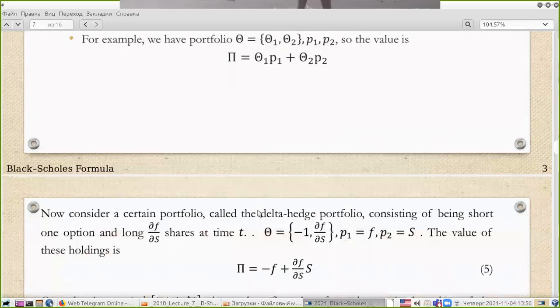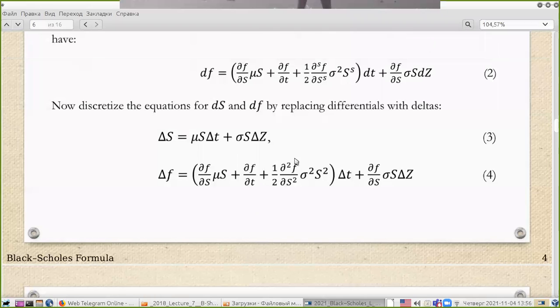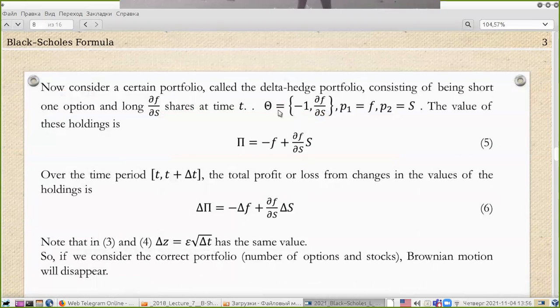And in order to do this combination between 3 and 4, we should construct a portfolio with amount minus 1, and the second amount is df with respect to ds, because we can find this and it will be a constant.